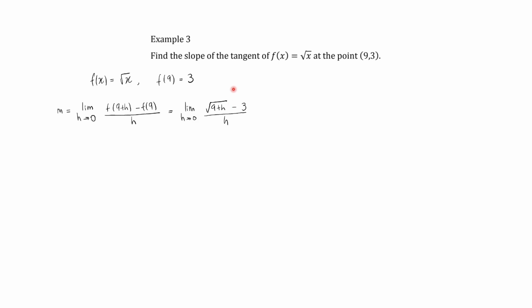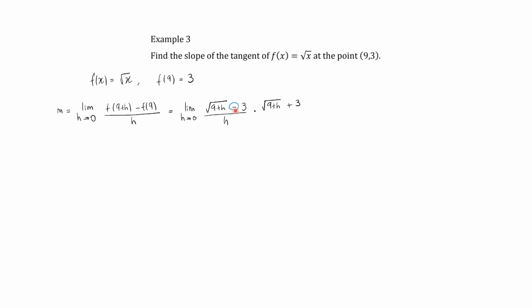Now, to use rationalization, I need to find the conjugate of the numerator. And the conjugate of the numerator, of course, is just going to be the same thing, but with a different sign. So we are going to have the square root of 9 plus h, plus 3.